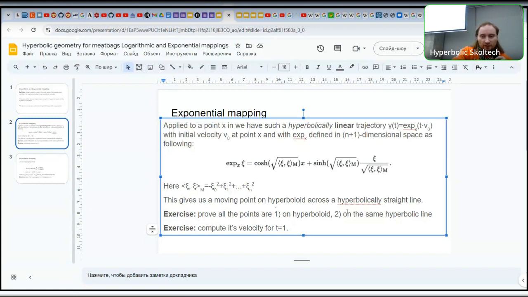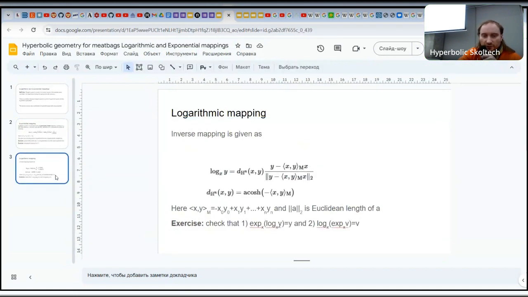So, okay. Actually, it is lying on the same hyperbolic line also, since your points here belong to the same two-dimensional subspace. They are linear combinations of x and psi. So they belong to a two-dimensional subspace, and this is a section of the hyperboloid. So they belong to your hyperbolic straight line. Okay. Let's continue.